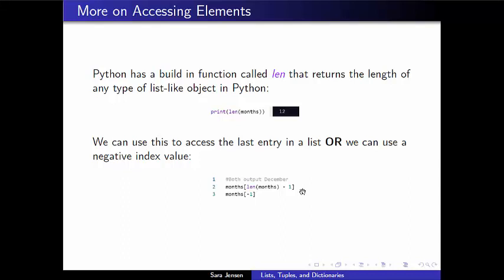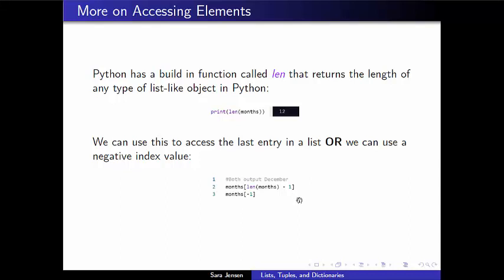However, Python has a really excellent feature, which is that it allows us to use negative index values to read in from the end of the list. So more simply in Python, I could access the last element of a list by trying to access its negative first entry. That will have the exact same effect as what we have written in line 2 here.